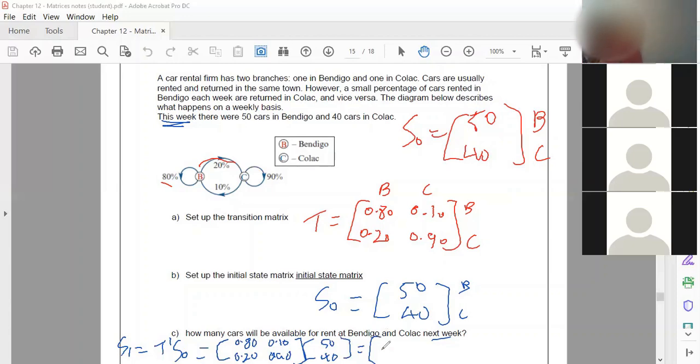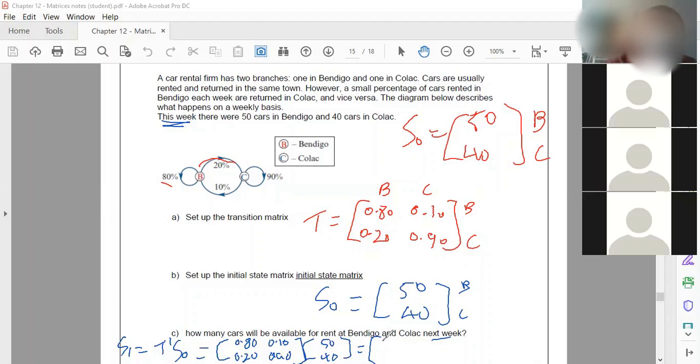Okay, what do I get? Okay, I get 44 and 46.